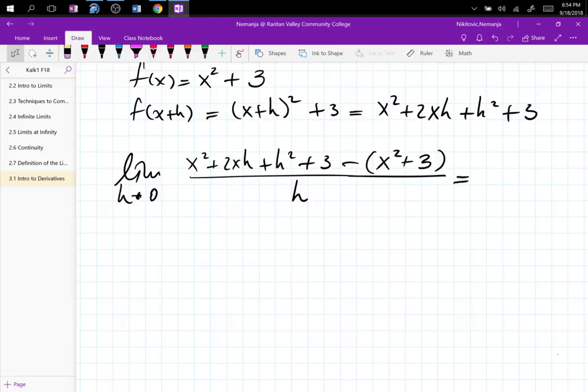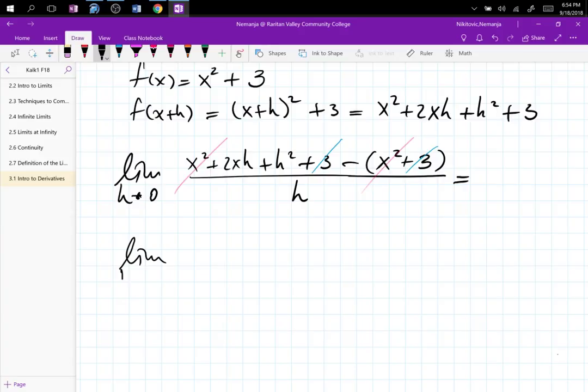I hope you see that these cancel: positive x squared and negative x squared, positive 3 and negative 3. Why? When you distribute the minus, both of these in parentheses become negative. You see that your leftover has h? Factor it.